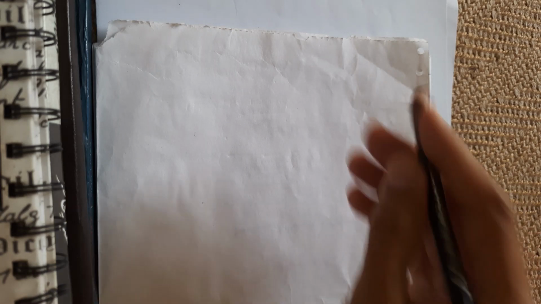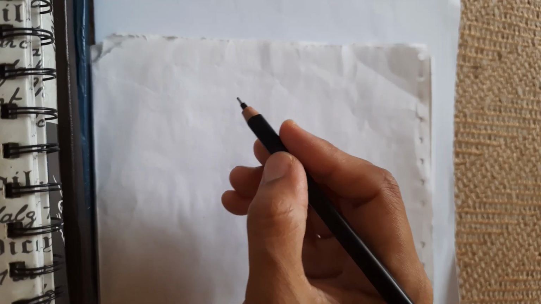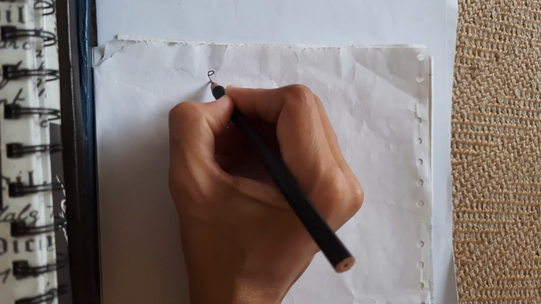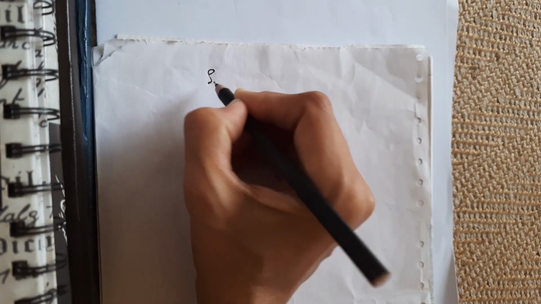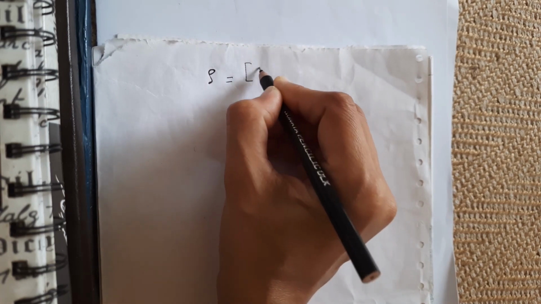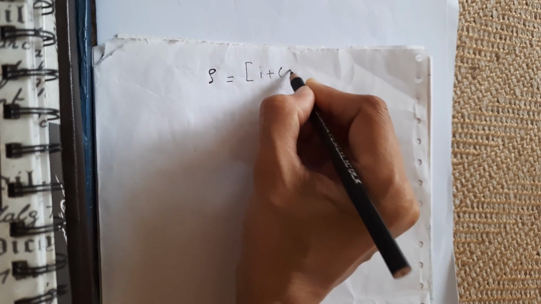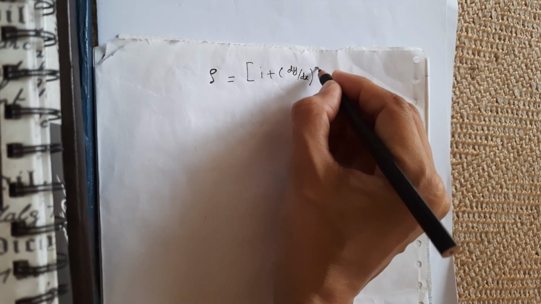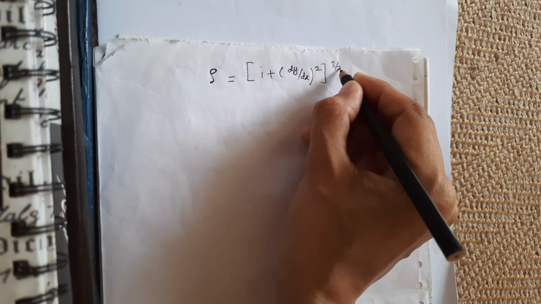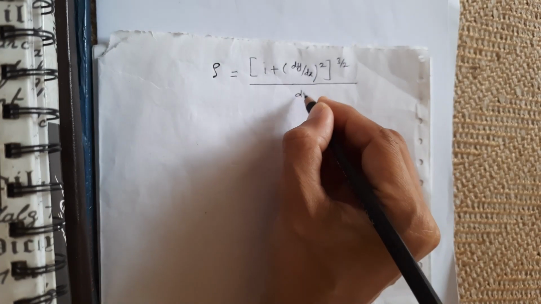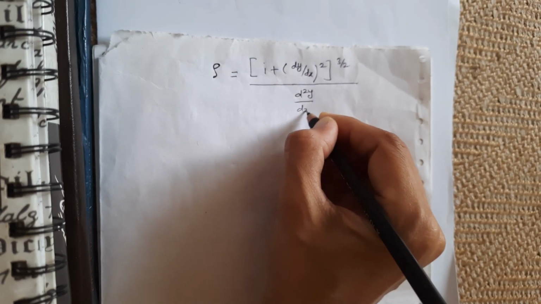So the radius of curvature is denoted by rho, and it is equal to (1 plus (dy by dx) square) to the power 3 by 2, divided by d2y by dx square.